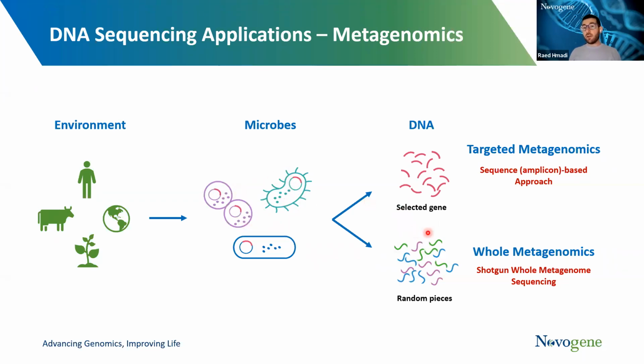On the other hand, the second approach is more global and is referred to as whole metagenomics or shotgun whole metagenome sequencing. Using this approach, we will sequence everything that is present there within the microbial community. And as you can expect, since we are sequencing everything within the sample, it can get expensive.